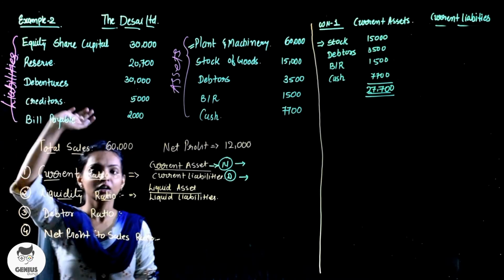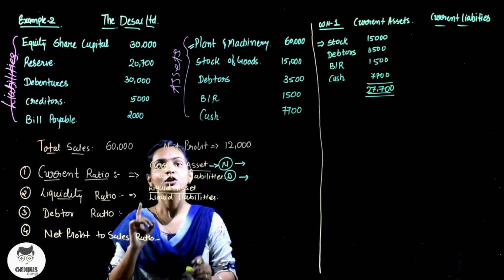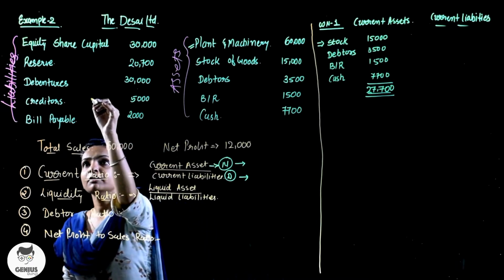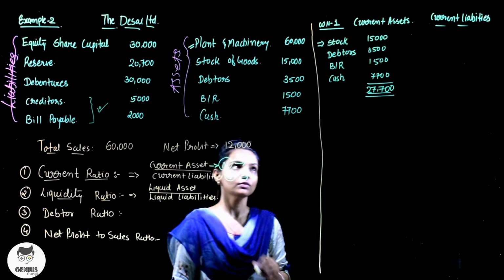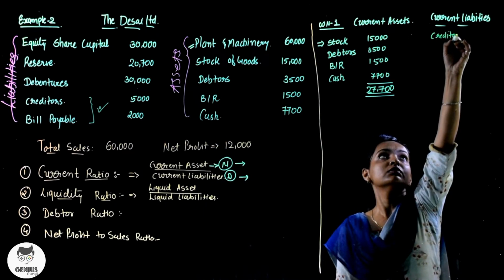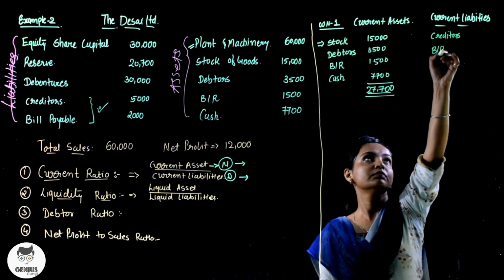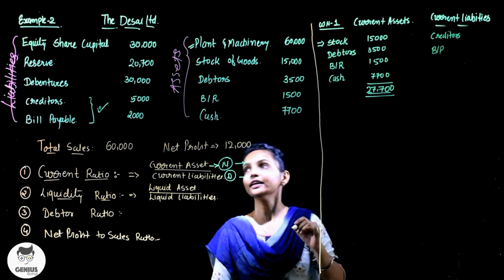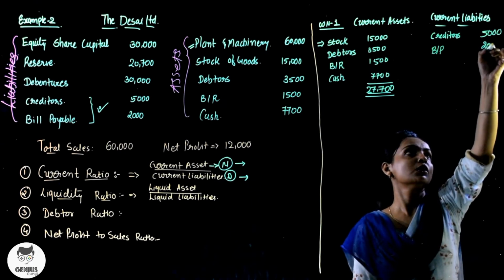Reserve and debentures are all long term, so we cannot include them in current liability. So our current liability will be only this one: creditors and bills payable. The amount of creditors is 5,000 and BP 2,000.